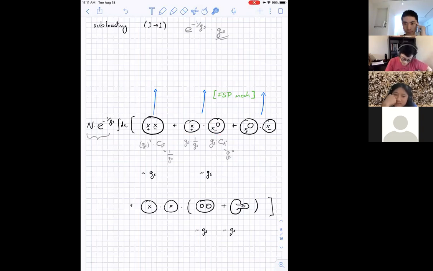And this is 1 g_s from the vertex operator, and the normalization factor of the cylinder is g_s to the 0, so it's also order g_s. And finally, this 1-point function is of order 1, and we have to bring down some of the corrections to the instanton action, like this, schematically.